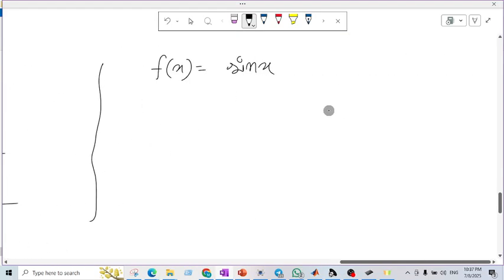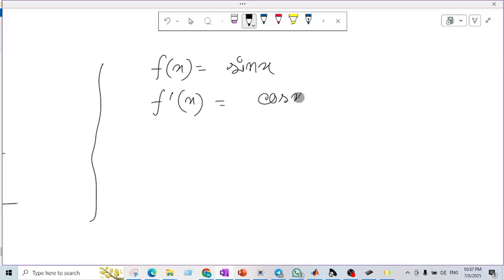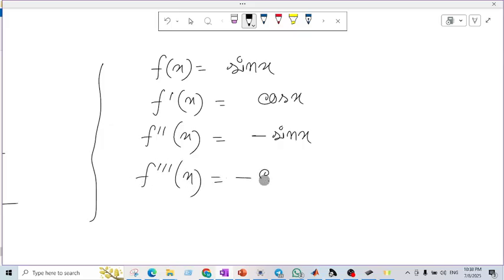So let's differentiate it. f prime of sin x is equal to cos x, then f prime prime is minus sin x, then f prime prime prime is minus cos x, then the fourth derivative is equal to sin x.